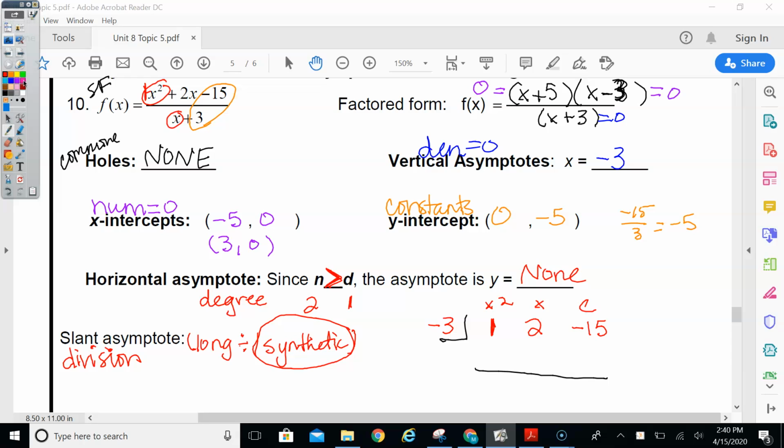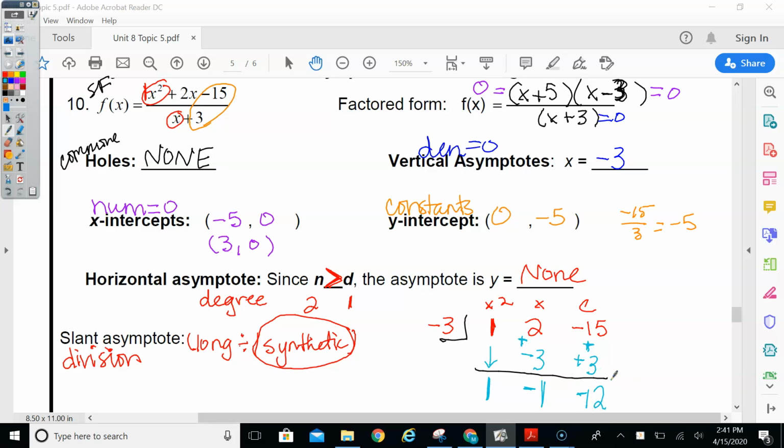If y'all remember the steps, the first step is to drop the number, 1, and then you multiply diagonally. So -3 times 1 is -3, but then you add these together. So then we get -1 here. Multiply again, -3 times -1 is +3. Add these together, and we get -12.